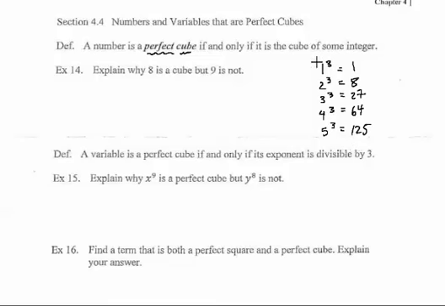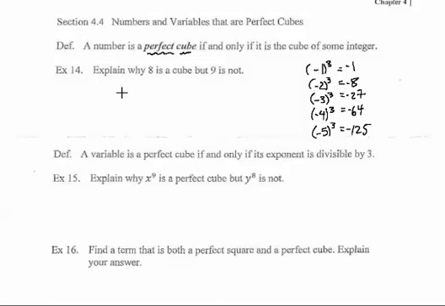Now, since any of these could have a minus sign, a -5, -4, -3, and so on, then the negatives of these numbers are also perfect cubes. Alright, so why is 8 a cube and 9 is not?